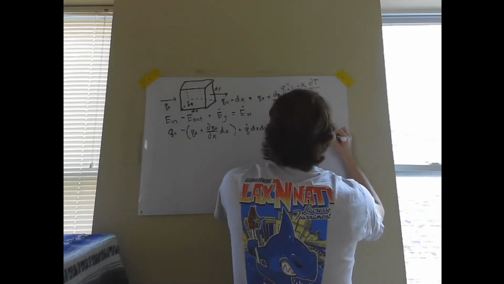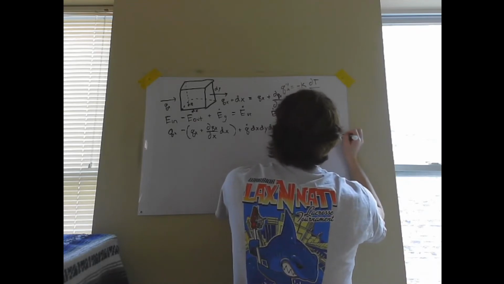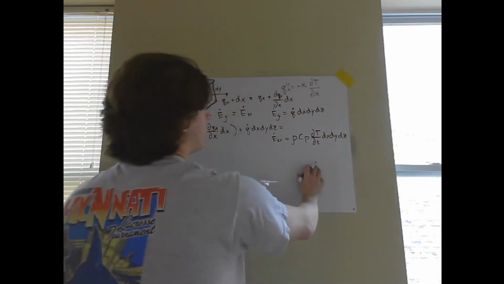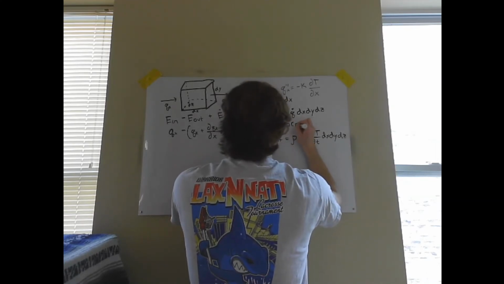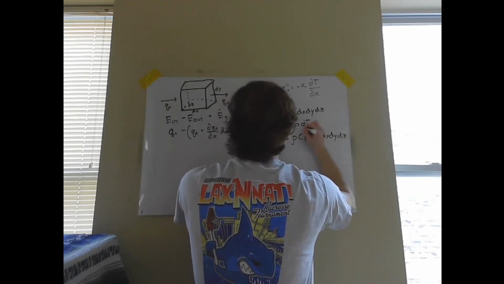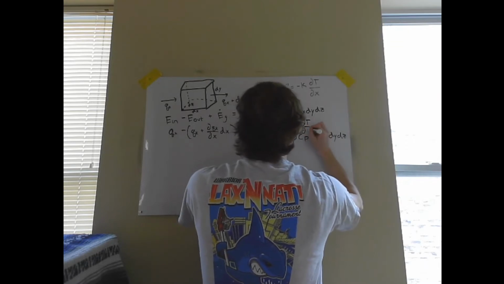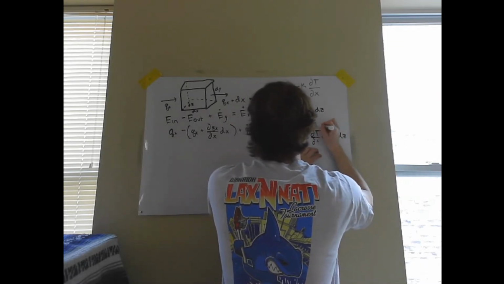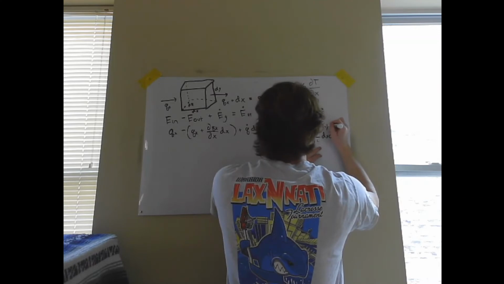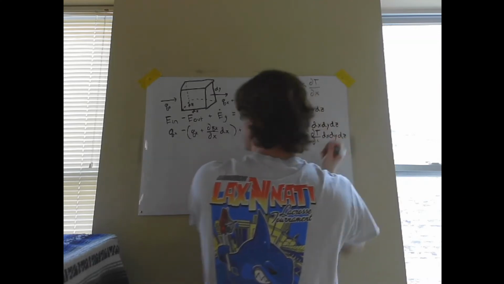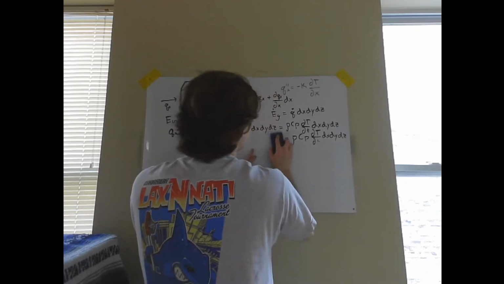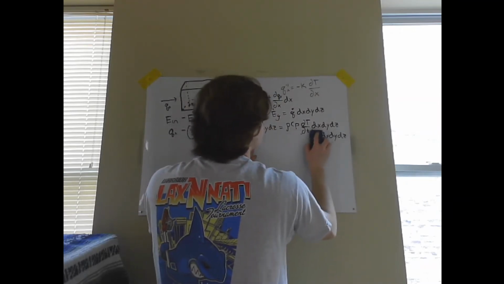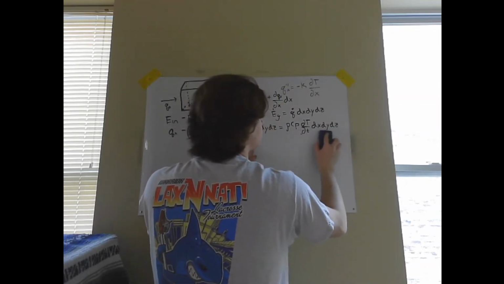So dx times dy times dz. And then I'll just put this into our equation. Now I'm going to go ahead and erase these expressions since we have them in our equation now, and just clean things up a little bit.